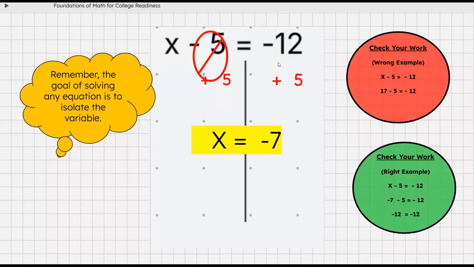So 17 minus 5 is equal to negative 12. Well, 17 minus 5 is actually positive 12, and that is not equal to negative 12. So if we ended up with something like this, we would need to go back and rework the problem to see if we could get the correct answer. This is a sure method to make sure your answer is correct.